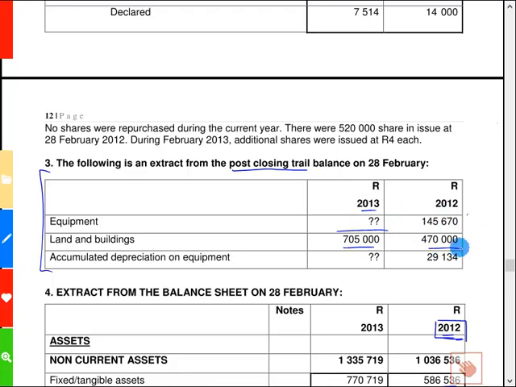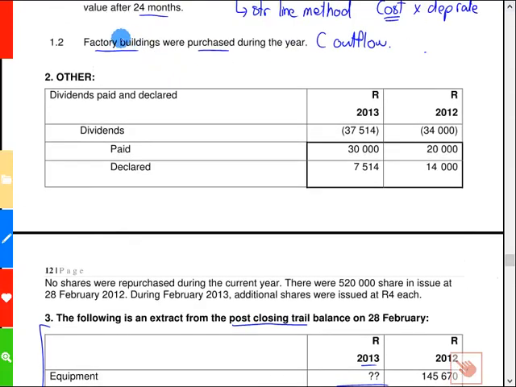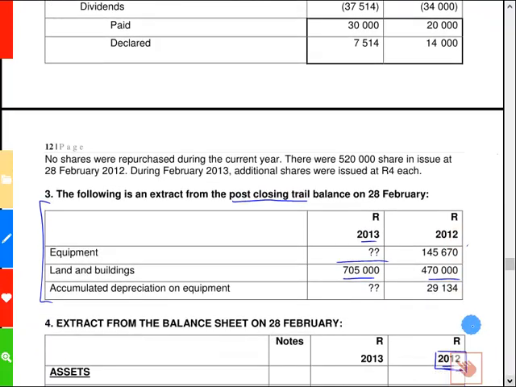So what do we know here? Yes, and they told us factory buildings were purchased. So that makes 100% sense. Even if they didn't tell us, we could have assumed that this movement was because of a cash outflow. So the movement here, it's an increase. That's going to be my outflow.